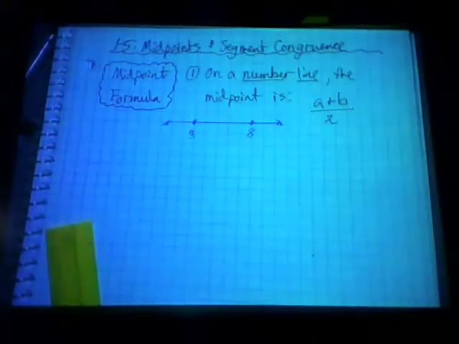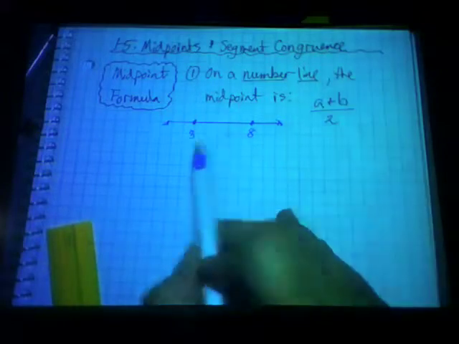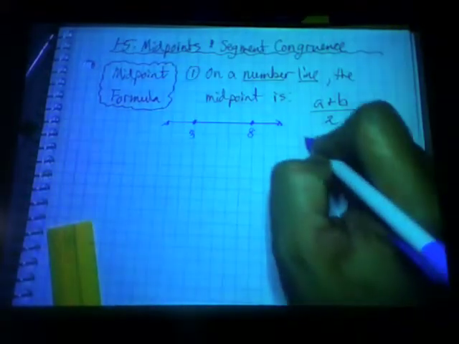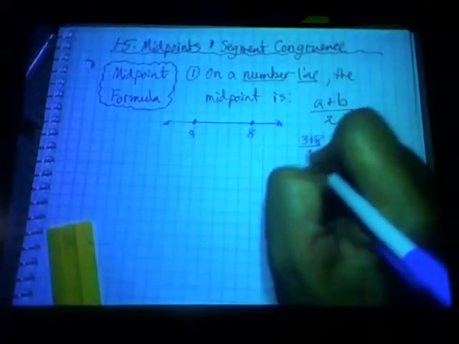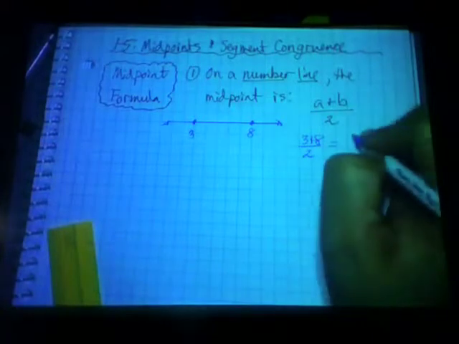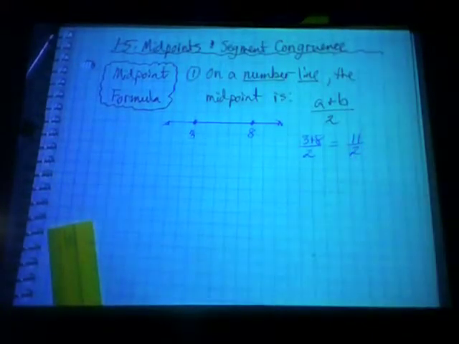And you want to find the number that's directly in between 3 and 8. 3 represents A, 8 represents B. So wouldn't you take 3 plus 8 and divide that by 2? What's 3 plus 8? 11 over 2.